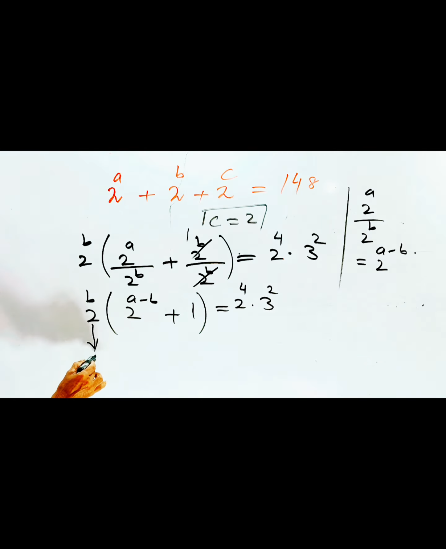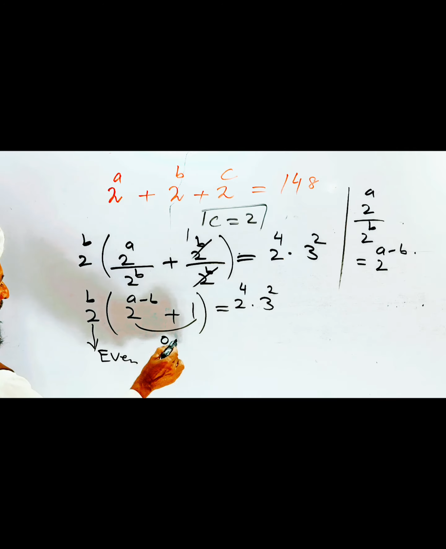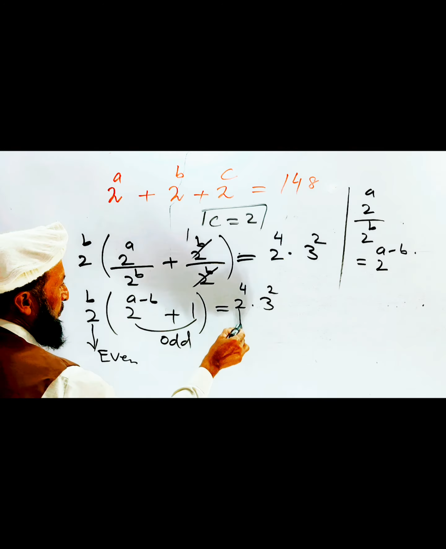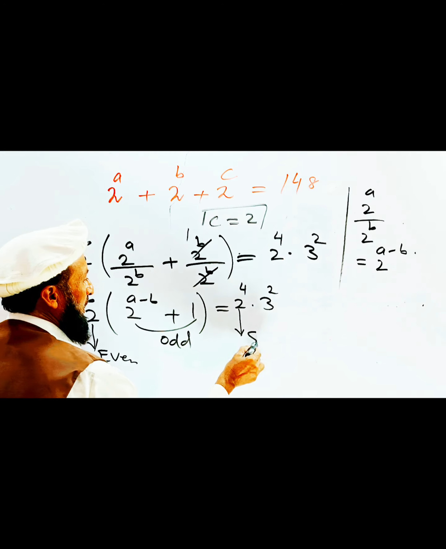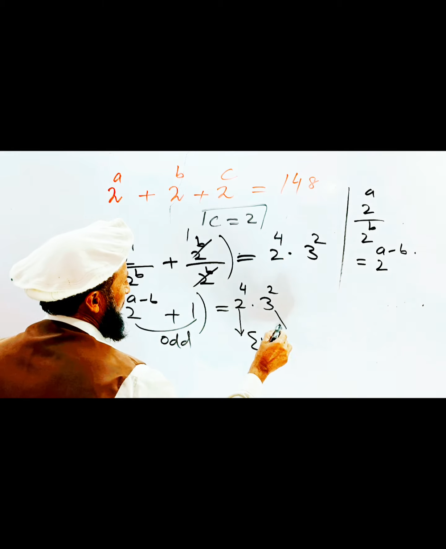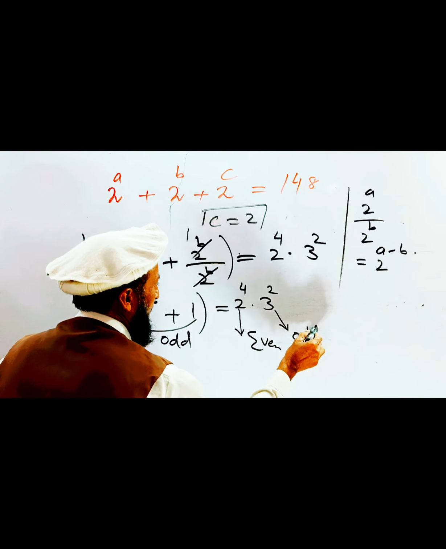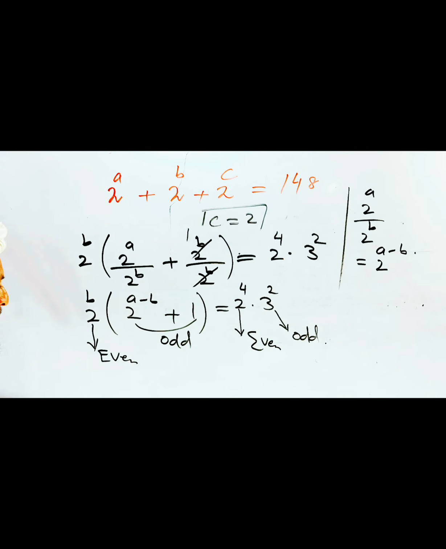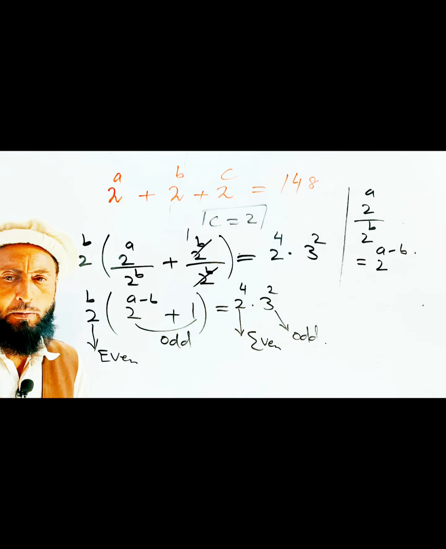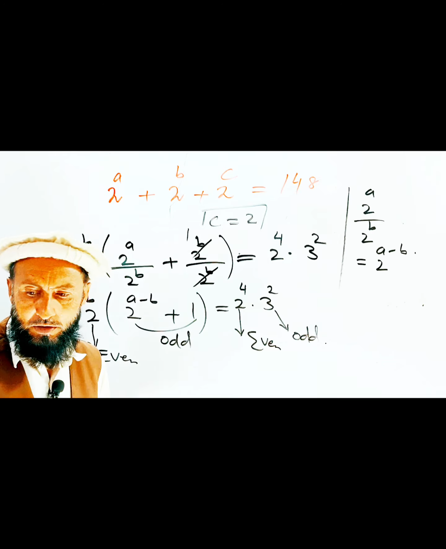So 2 exponent of b is an even number and this term is an odd number, and 2 exponent of 4 is an even number and 3 square is an odd number. Once again we compare even with even numbers and odd with odd numbers.